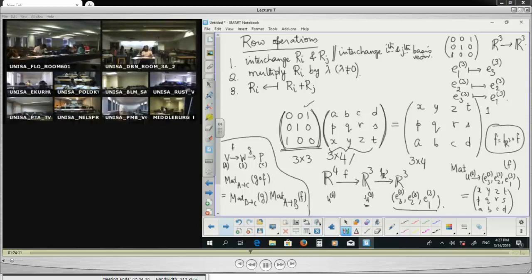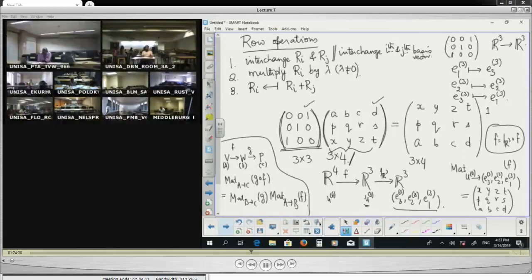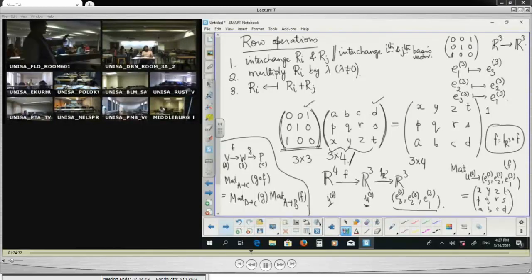So the composite is the matrix of the composite with respect to this basis and this basis. So the whole story is multiplying on the left by this. Interchanging two rows means multiplying on the left by the correspondingly interchanged identity matrix.